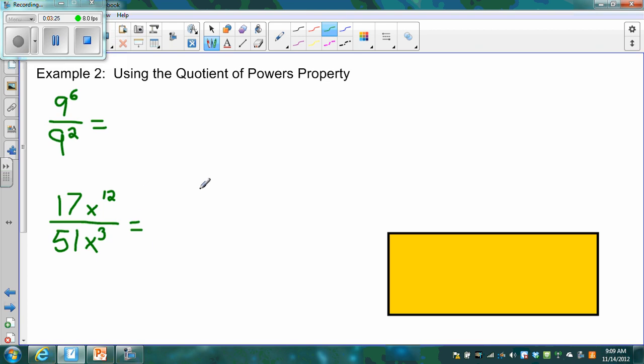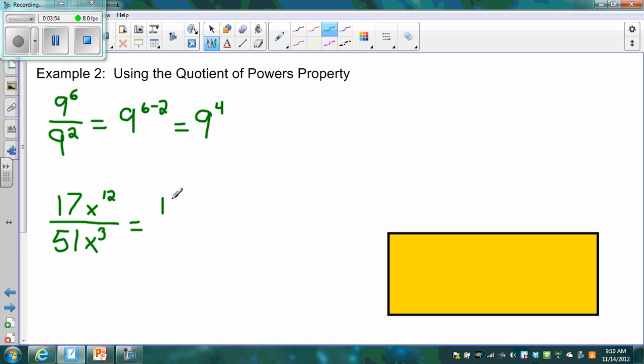Example 2 is using the quotient of powers property. Now we have division. If we had 9 to the 6th divided by 9 to the 2nd, we'd subtract the exponents. So we'd have 9 to the 6th minus 2, which is equal to 9 to the 4th power. In this other example, we have both numbers and variables with exponents.